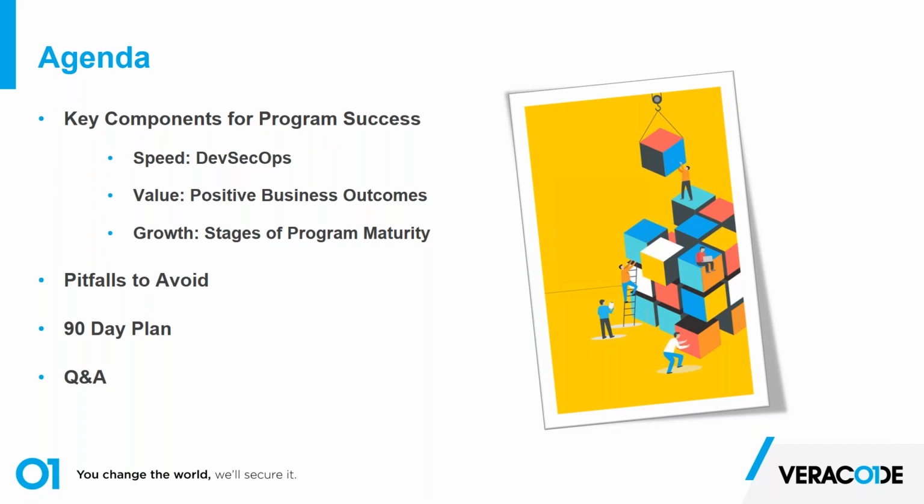No matter what stage your program is in today, from just launching to 7, 8 years old, we're going to review how the changing development methodology comes into play, how this idea of DevSecOps and having a software factory, CI/CD pipelines can be something to help organizations move faster, how a program around writing secure software can add business value to an organization, and how you can keep it growing year over year.